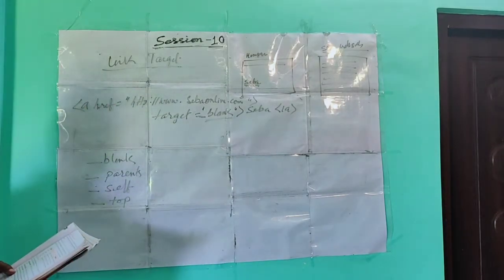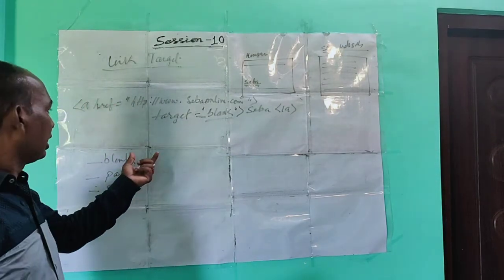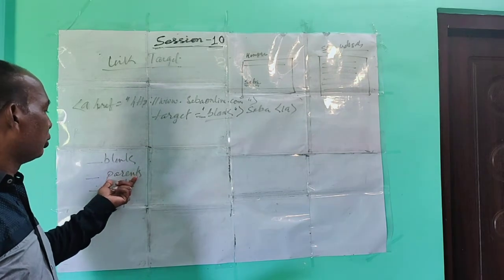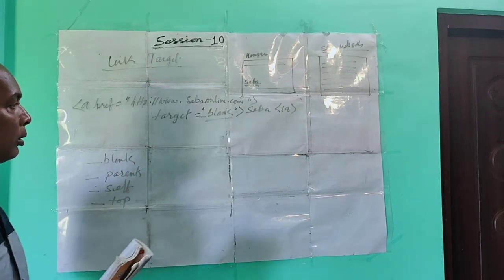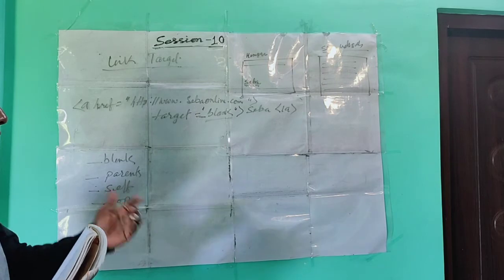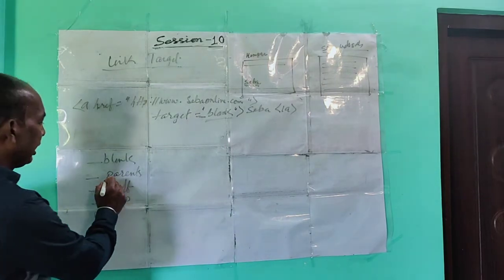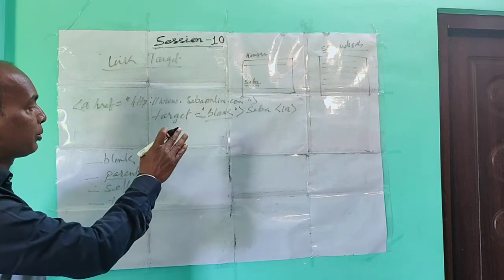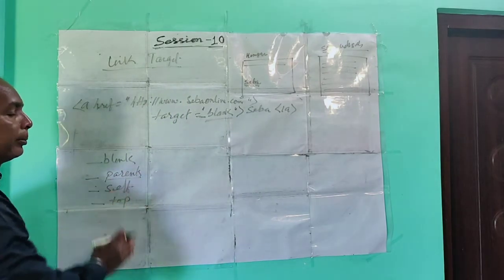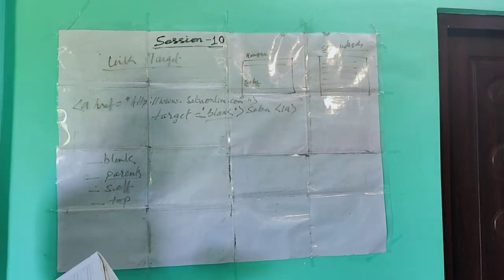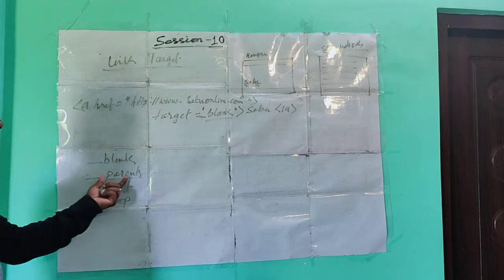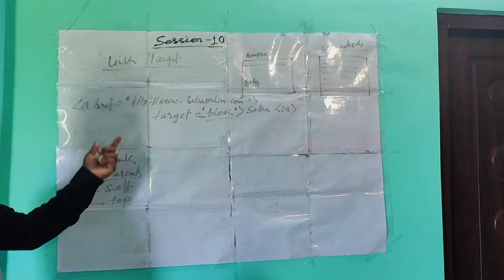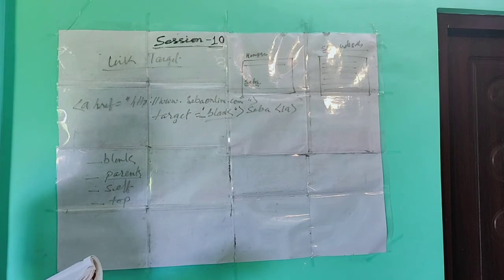If you use parent, generally the parent value is used when you create a frame, which I will explain in the next class. If you created 2 or 3 frames in the same document, then we need the parent value. Self will open in the self frame, which will show in the frame part.